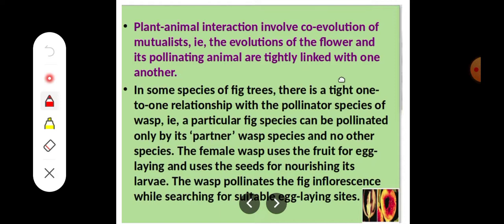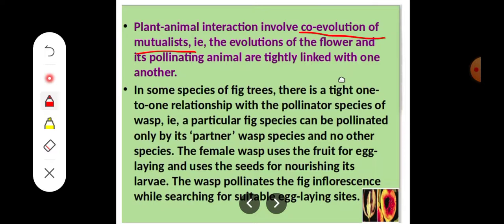Now, if you see the plant animal interaction, often they involve co-evolution of mutualists. That is co-evolution. If one character is seen beneficial to a flower, then the animals will adapt a new character which can work against it.